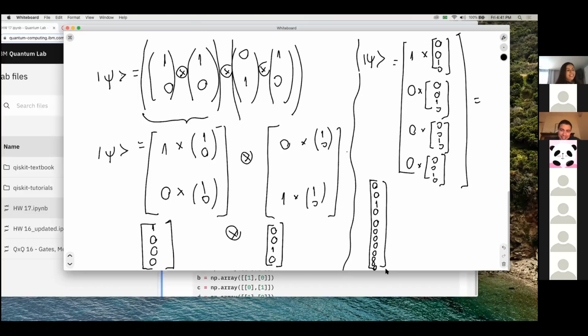But that's the vector. It's a 16-line vector because whenever I multiply by the tensor product, I multiply the number of lines I have. It's not correctly said, but as I repeat it here, it gets bigger and bigger.